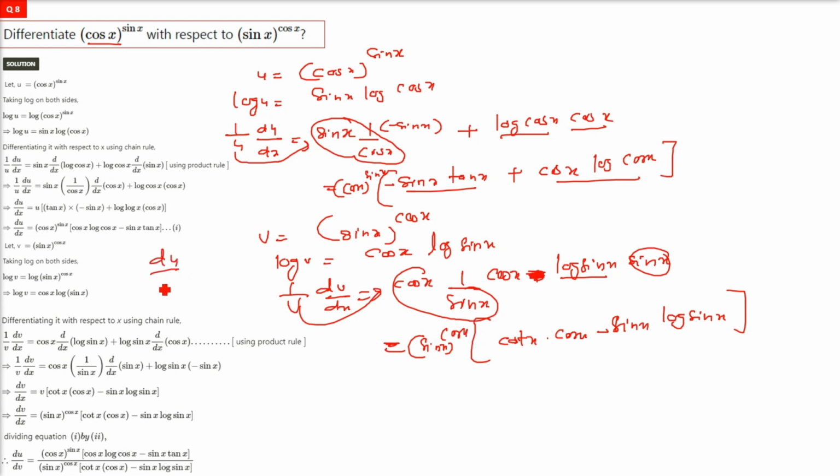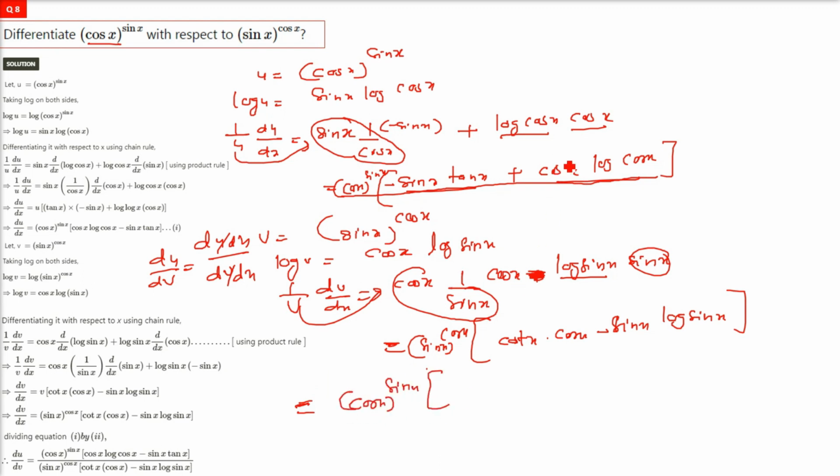So here we will have sin x to the power cos x. Now we have to find du by dv, so that you get du by dx divided by dv by dx. Let us divide these two. I'll swap the position of the inner two terms so that we get a negative inside.